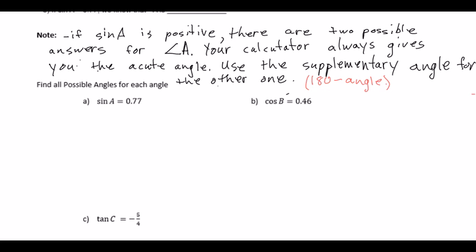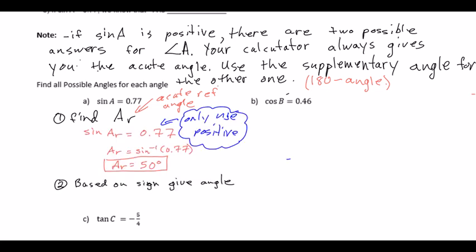For every one of these ratio calculations there are two parts, and I'll identify them for you. The first part is to find the acute angle. We call that the acute reference angle. In order to do this, we only find the inverse of the positive sign. And now, based on the sign, we give the angle. Now for sine there are two angles.